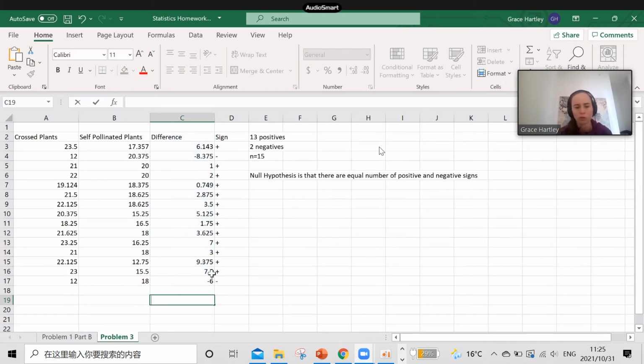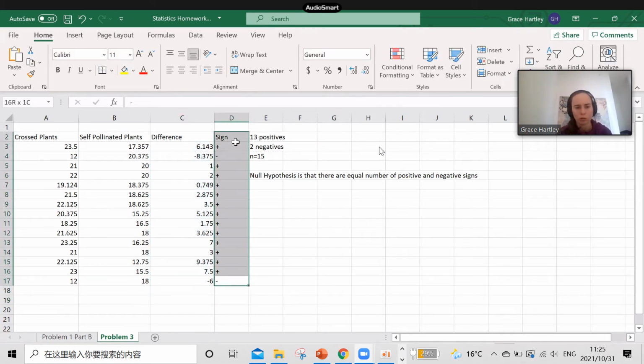The expected sign, positive or negative, is just 50%. So what is the probability of getting 13 positive signs out of 15? It's a binomial. So you mean we expected 0.5, so how much more it is than 0.5?